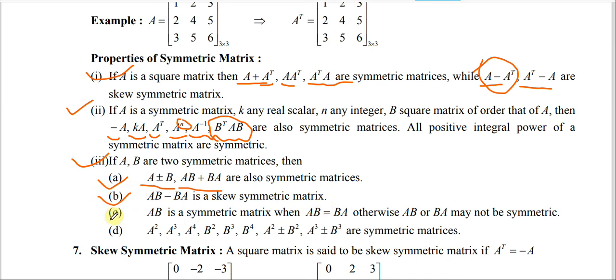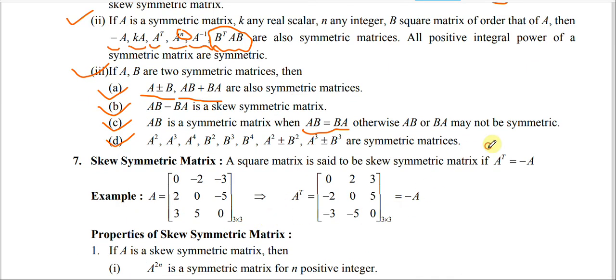This you have to remember. AB is a symmetric matrix when AB equals BA. If this happens, then only it will be a symmetric matrix, otherwise it will be non-symmetric. A square, A cube, A power 4 are symmetric matrices. We have already seen this.